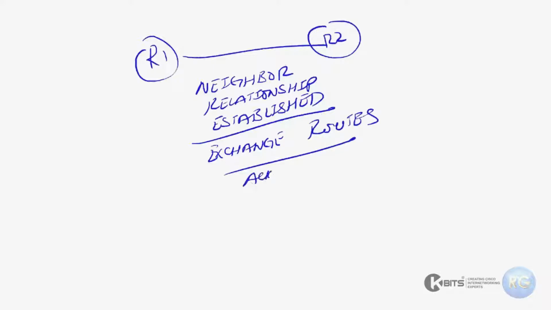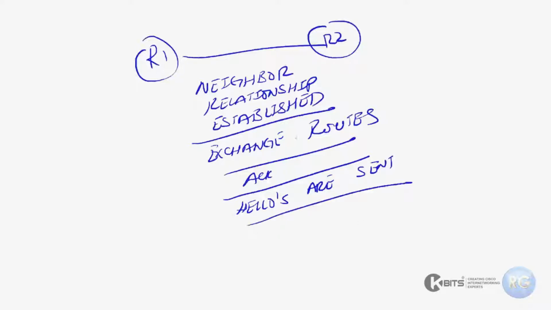Acknowledged. That means, yes, the other guy got the routes. Okay. Once the acknowledgement takes place, from that point on, hellos are sent to maintain the relationship. So that, like a keep alive, so that R1 and R2 know about the routes.